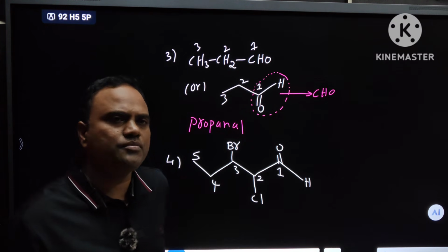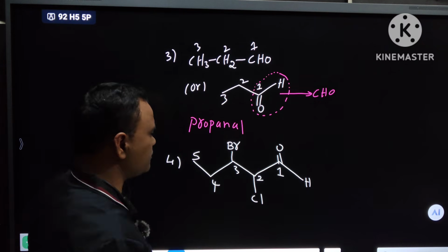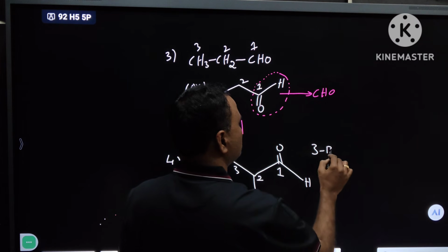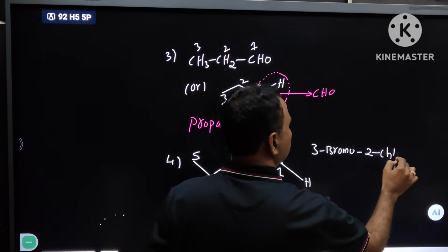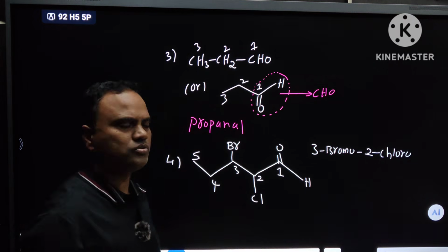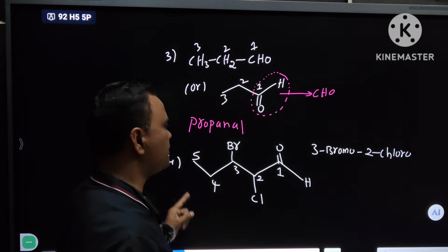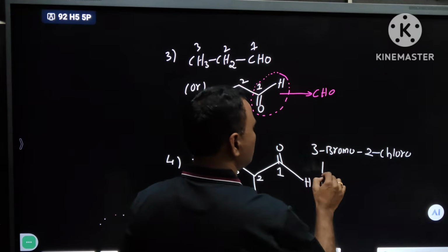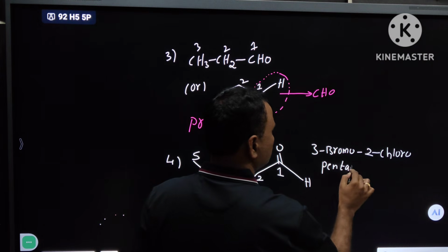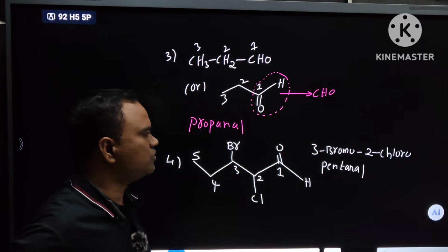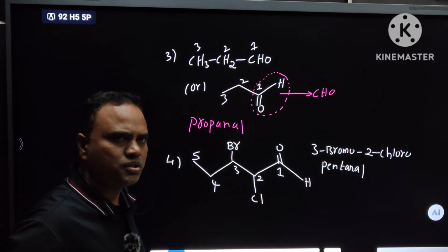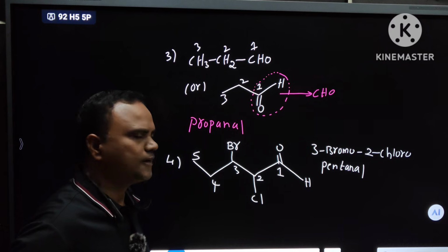First mention the names of the substituents. 3-bromo, 2-chloro. Total how many carbons are there? 5. Pentanal. 3-bromo, 2-chloro, pentanal. Clear? Got it? Right.